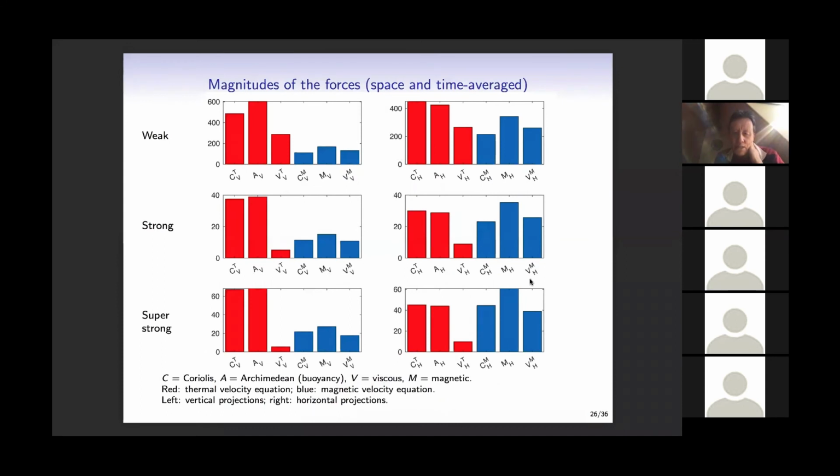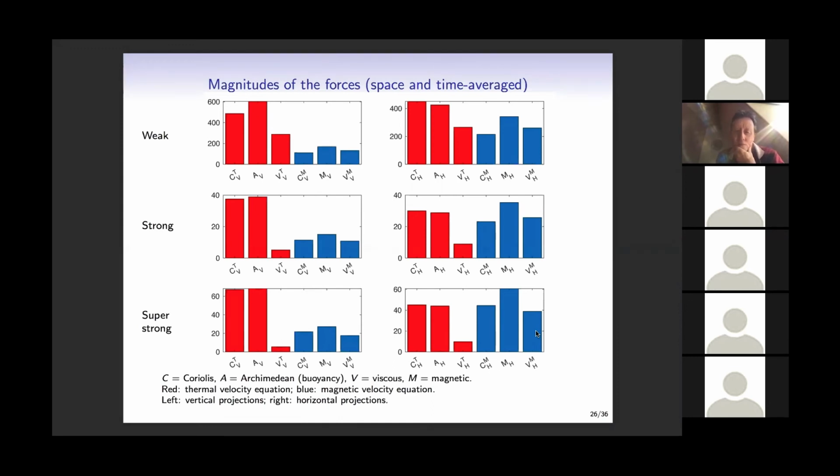And you can see that even as we come down to super strong fields where you might hope that you're getting into Taylor land, there's no reduction, no sizable reduction in the viscous term in the magnetic equation.